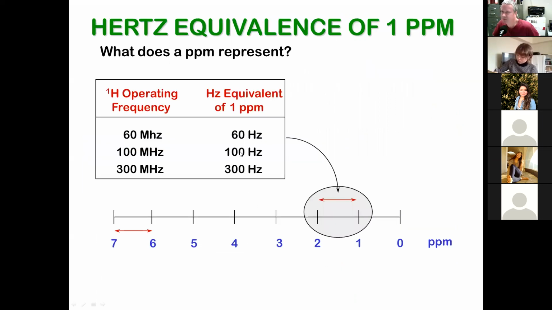The ppm scale goes from 0 to maybe 12 or so. Everything in organic chemistry is between 0 and about 12. The meaning of 1 ppm does vary based on the spectrometer frequency. On an old NMR machine at 60 megahertz, 1 ppm means about 60 hertz.